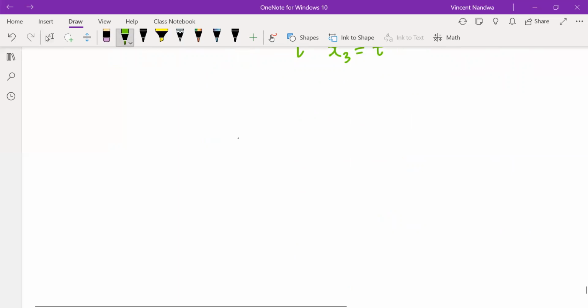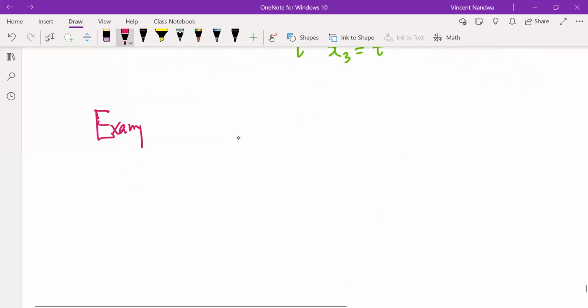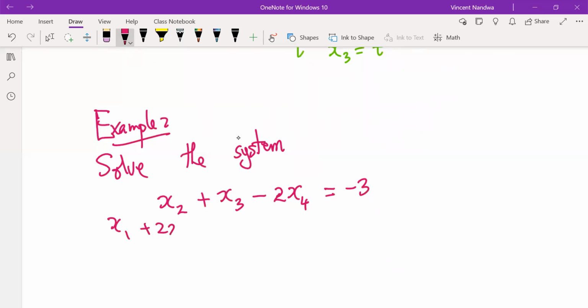Example 2. Solve the system x2 plus x3 minus 2x4 equals -3, x1 plus 2x2 minus x3 equals 2.